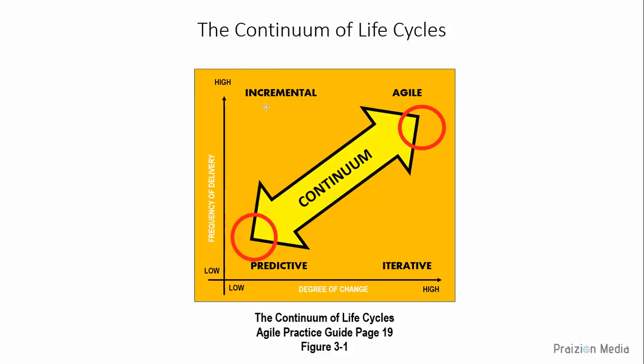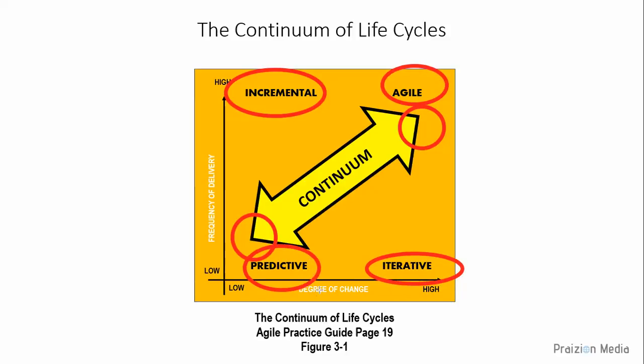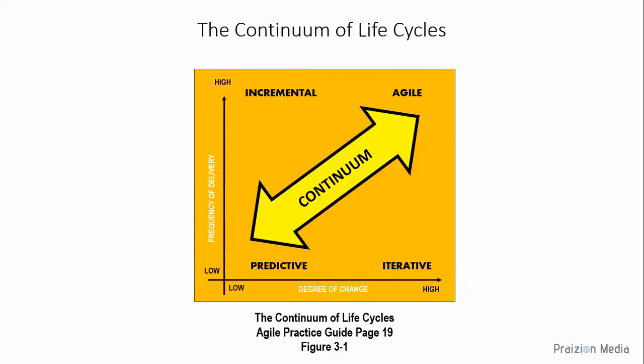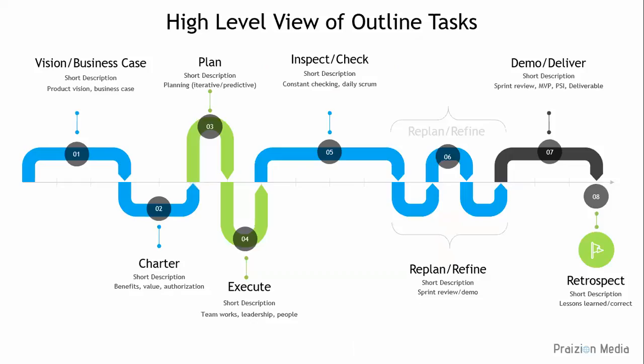But on your exam, expect to find terms such as incremental, agile, change driven, iterative, predictive, fully plan driven. You need to be very comfortable with these terms. Again, you can find this on page 19 in the Agile Practice Guide, and I would highly recommend mastering this concept.